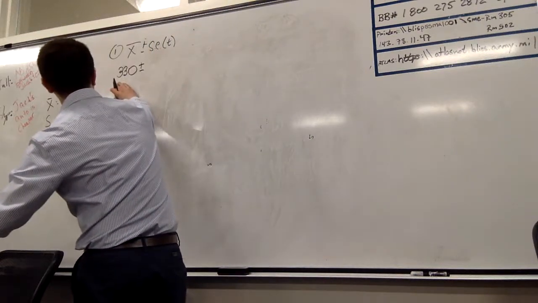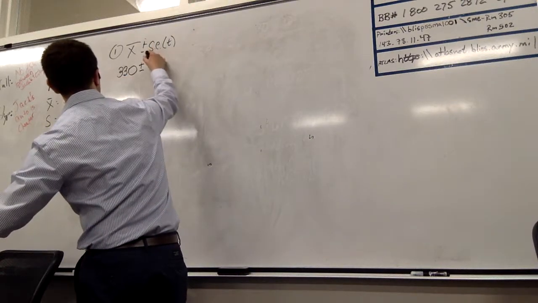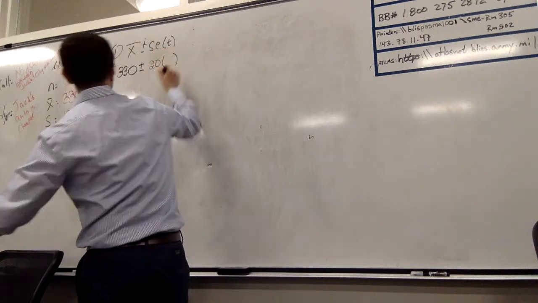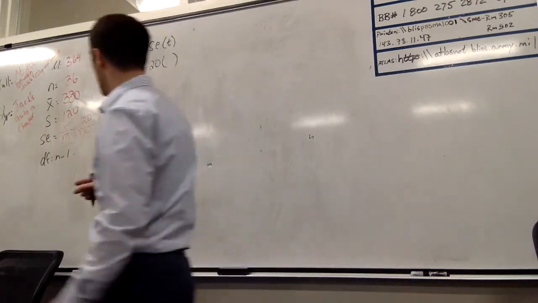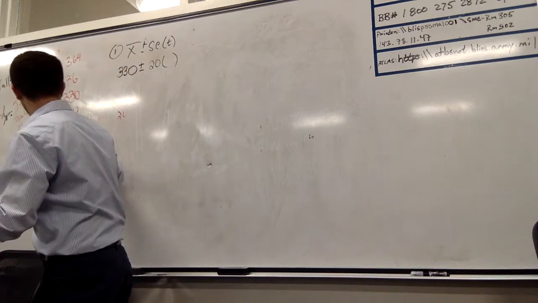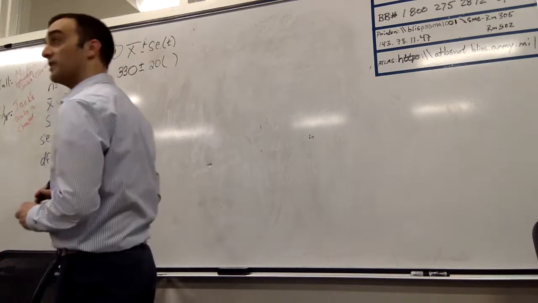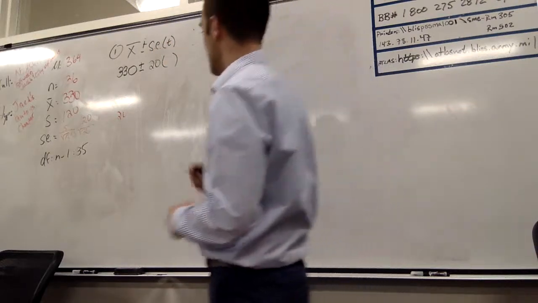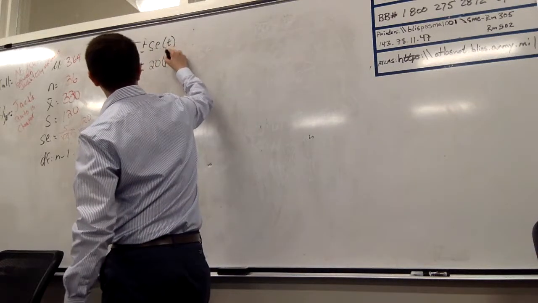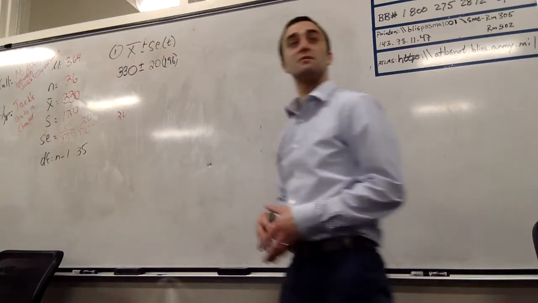So with your 95% confidence, it's going to be 330 plus or minus 20 times the t for 35 degrees of freedom. It's going to be the infinity row, which ends up being 1.96.